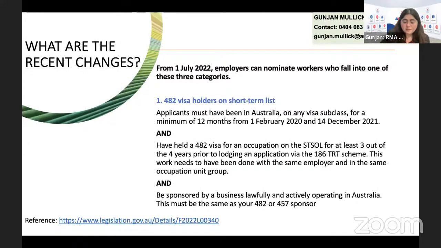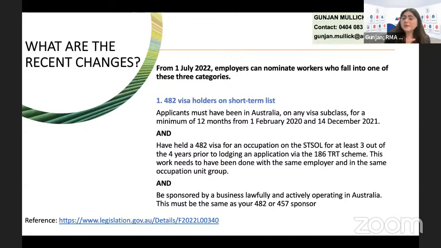Okay, now these are some recent changes that people had a lot of confusion about after 1st July 2022. So the 482 visa holders who are on a short-term list must have been in Australia. So if you were in Australia from 1st February 2020 to 14th December 2021, and you held a 482 visa for a short-term list for 3 years, but you have to be working with the same employer.